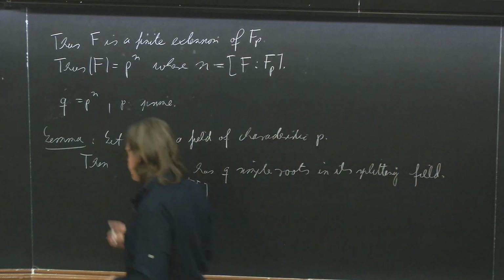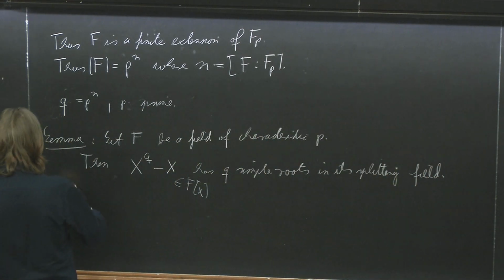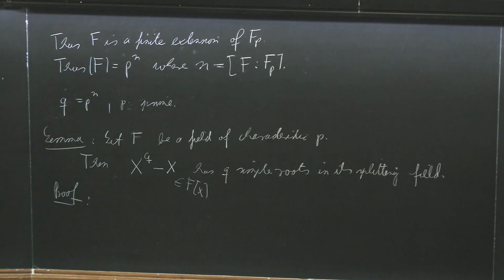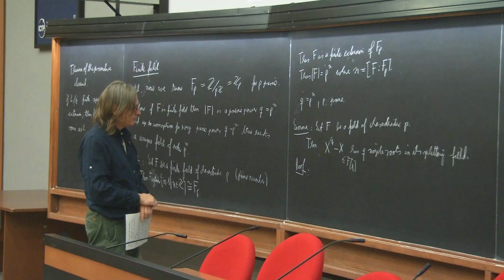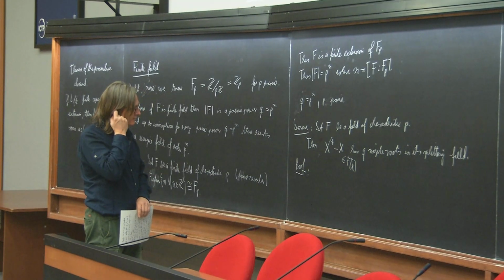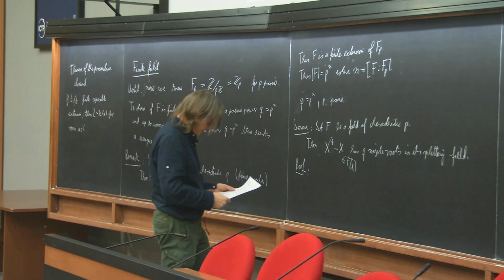And that's almost trivial, because we know that a multiple root can only occur if we have zeros of both the polynomial and its derivative. But let's look at this.